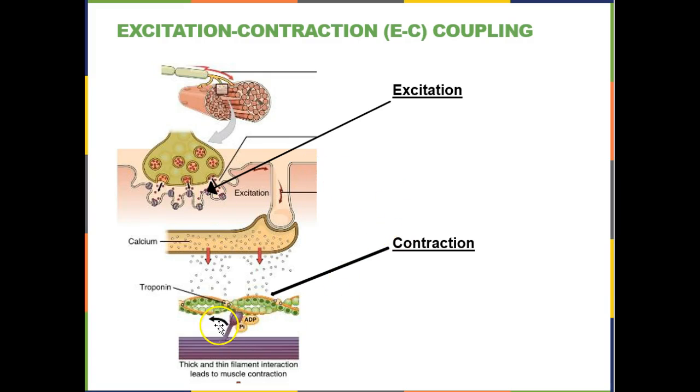This is going to ultimately cause myosin to grab onto actin and pull the actin towards the M line. There has to be something to connect the electrical activity that starts near this neuron with the contraction of myosin and actin. So the mechanism that couples these two things together is called excitation-contraction coupling.